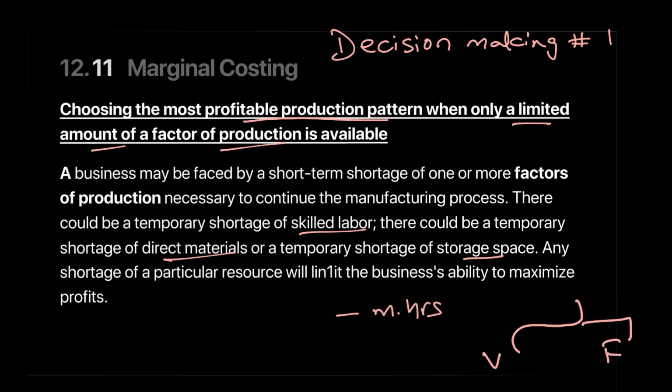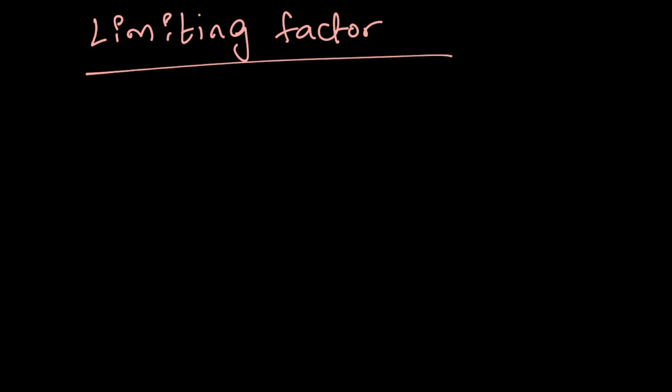Under marginal costing, the relevant cost is your variable cost, not your fixed cost, because in the short run, variable cost is the item that one would want to look at and not the fixed cost.